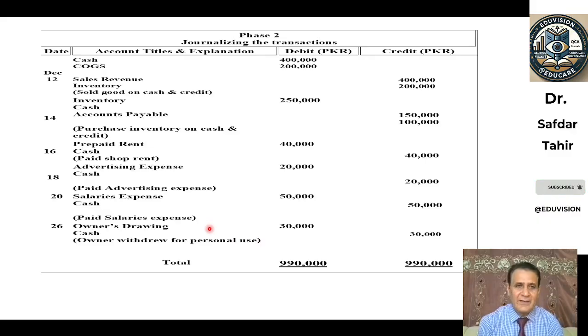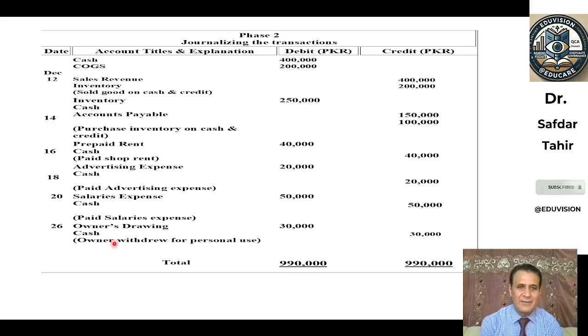Again, on 20th December, we paid the salaries expense in cash. We paid the salaries, so the salaries expense is generated, and that is 50,000, and the cash, which is decreasing, is credited.